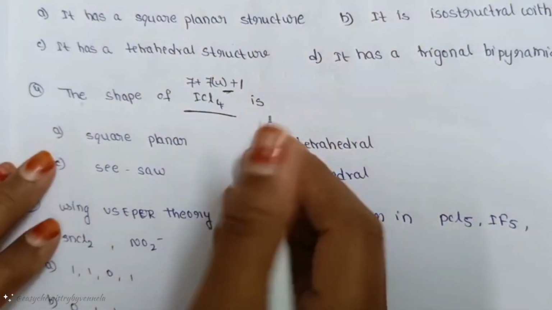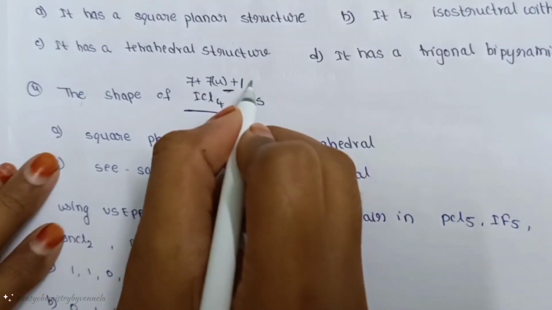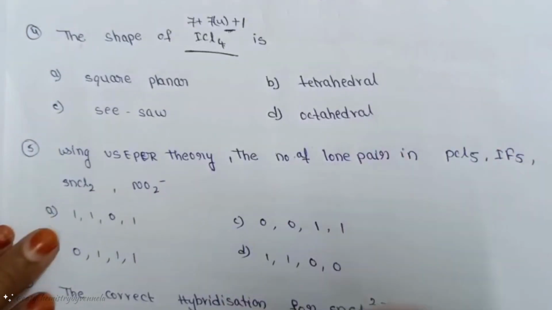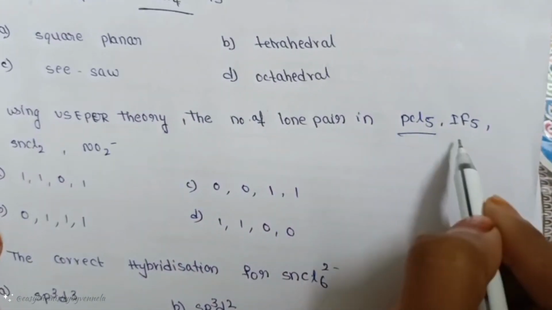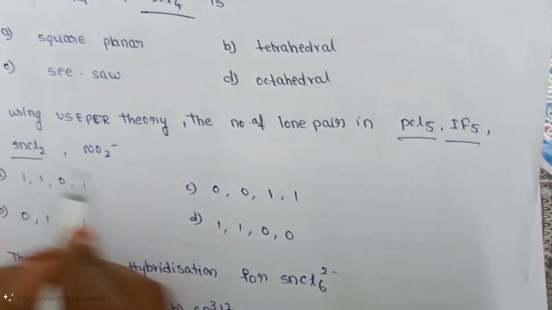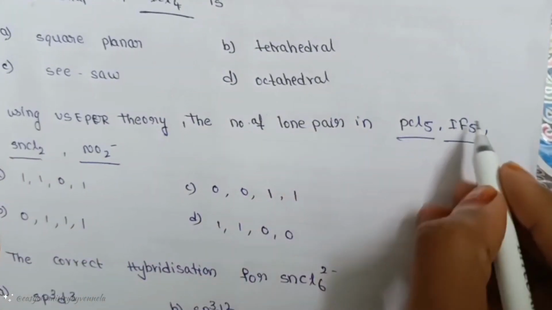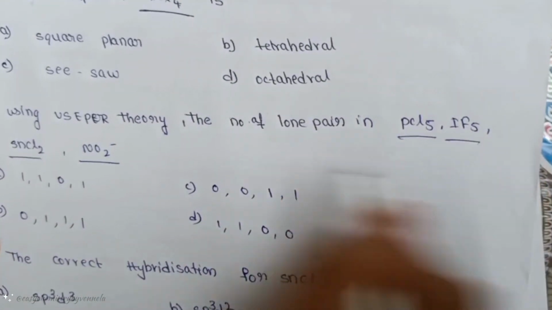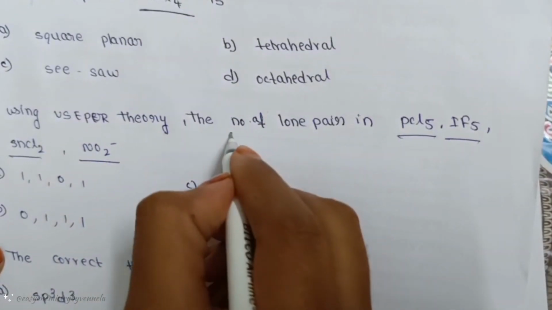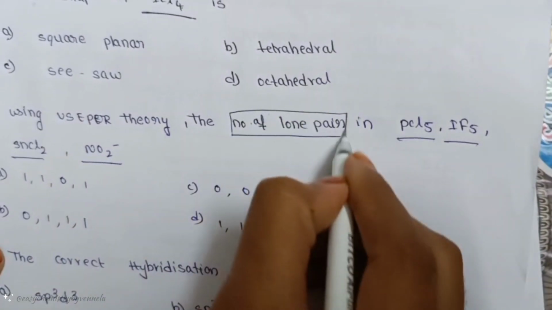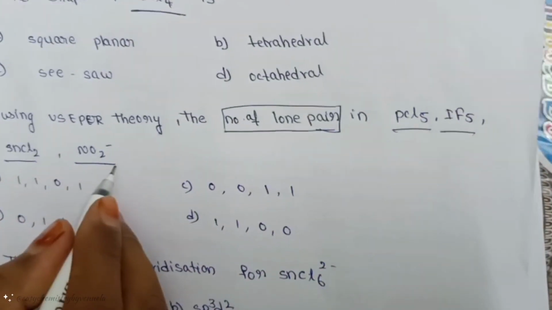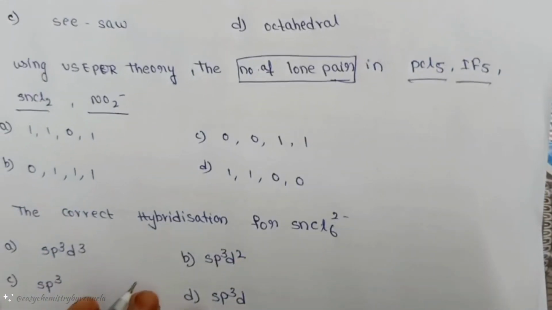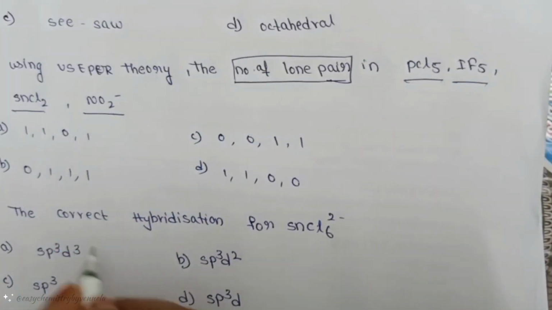Got it? Okay. Next one, PCl5, IF5, SnCl2, NO2 minus. I think I can give these examples also. So you can find out how many lone pairs in PCl5, IF5, SnCl2, NO2 minus. It's very easy.